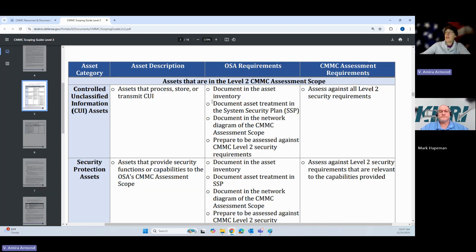Okay, so document asset treatment. What this is saying is for each applicable requirement, talk about how you're implementing that security requirement for that type of asset. So in the system security plan, you're going to have 110 requirements, 320 assessment objectives, and in there, you're going to have some that apply to your assets.